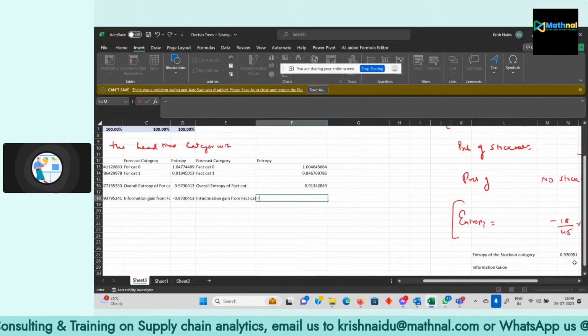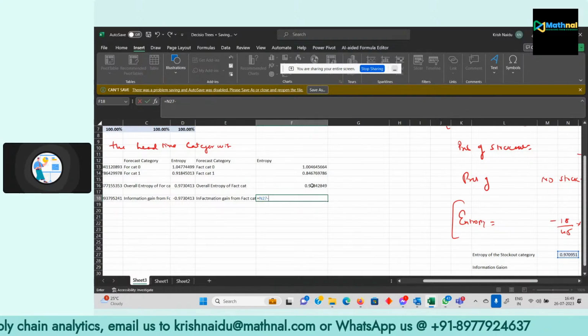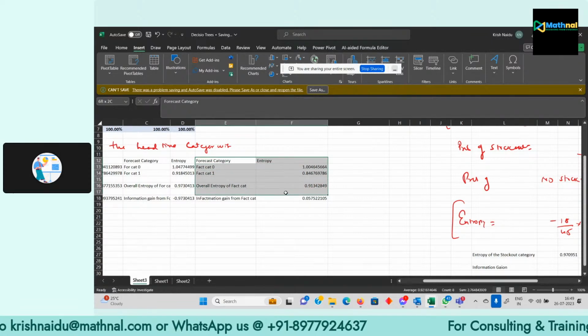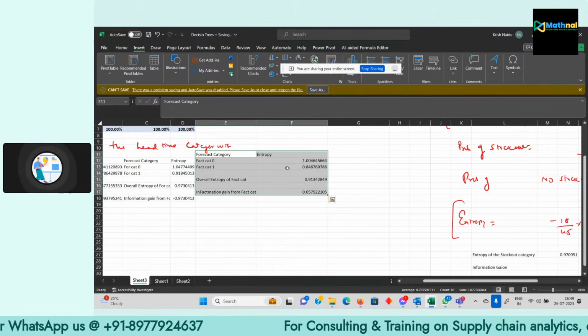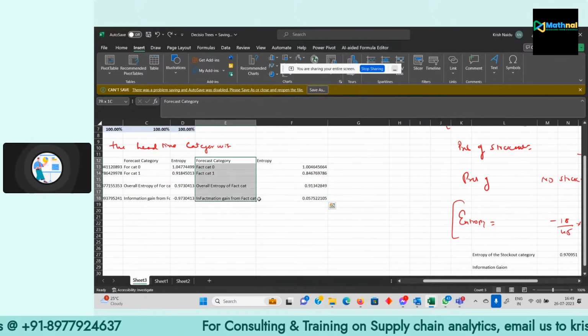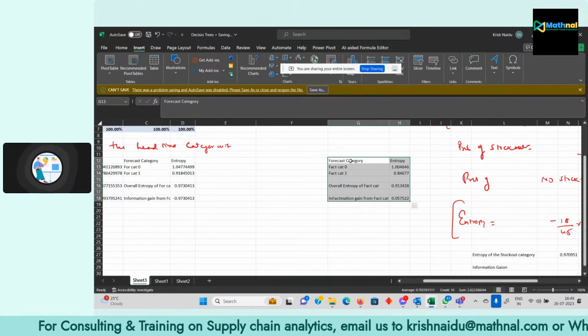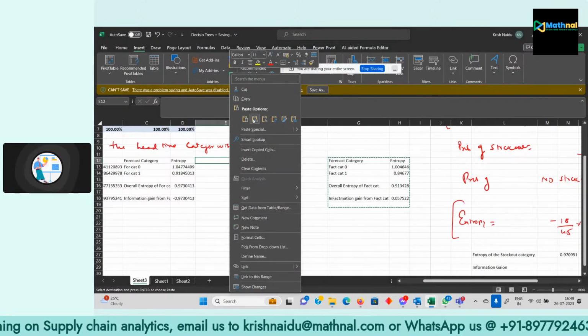For the information gain, we have to measure our initial entropy for the dependent variable, and what I'll do, in order to go faster, I'll take this and drag and put over here, and I'll copy this and paste special over here.